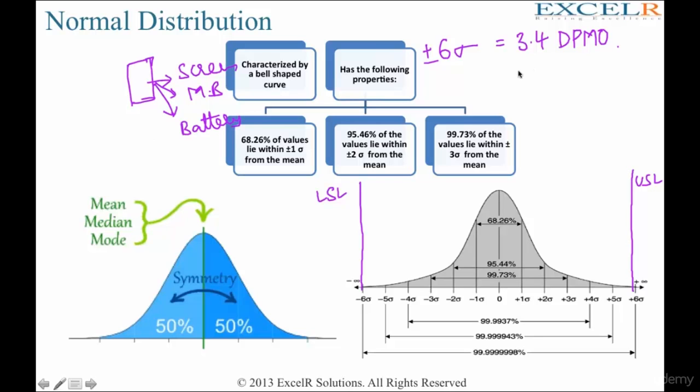I'm just giving you some additional insights here. If you fit plus minus 3 standard deviations on either side of the mean, it is not 6 sigma. From this mean, which is your peak, to one side of the specification limit, there have to be 6 standard deviations that you fit in.